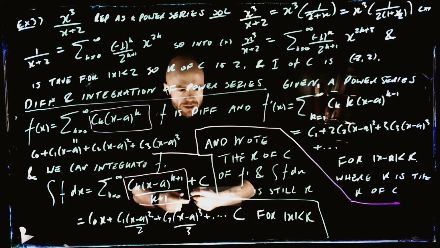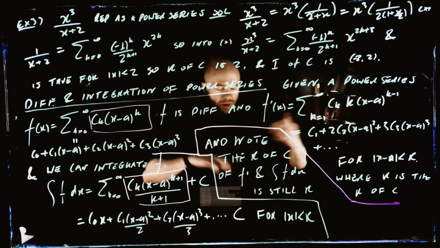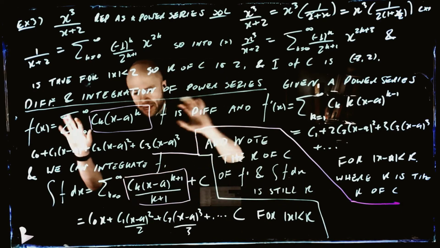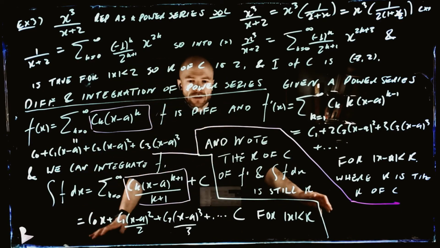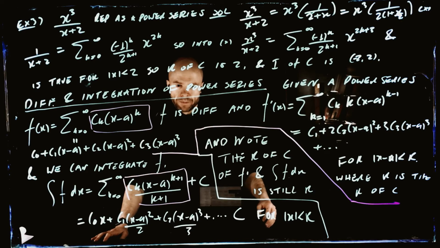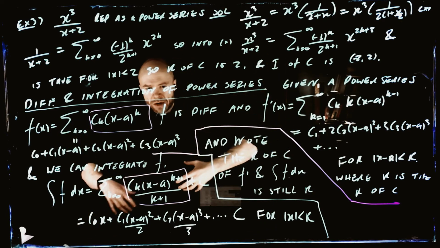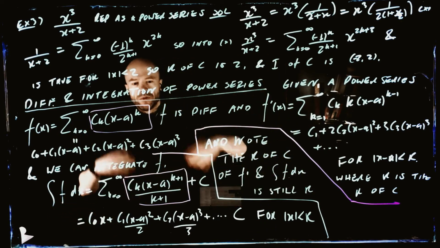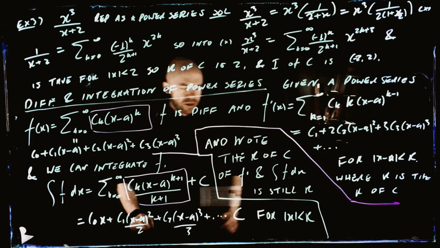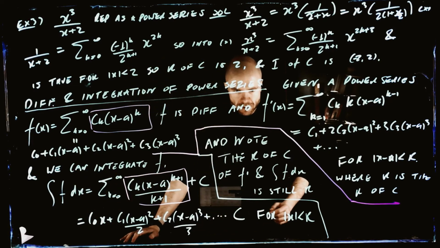It's exactly the same thing. Once you're within the radius of convergence of your power series, you stay in that world. Everything is good. Nothing goes wrong for you. You differentiate, you have another power series with the same radius of convergence. You integrate, another power series with the same radius of convergence.